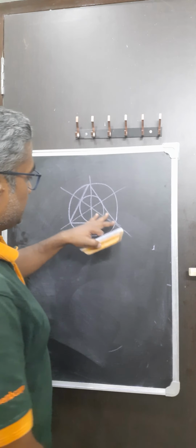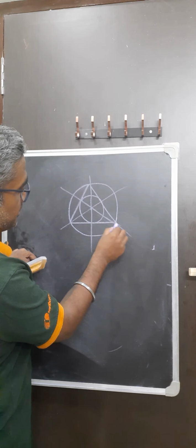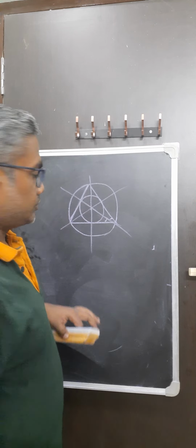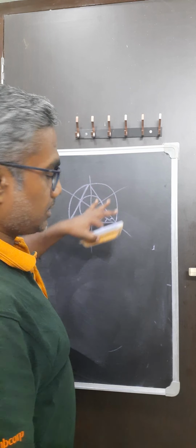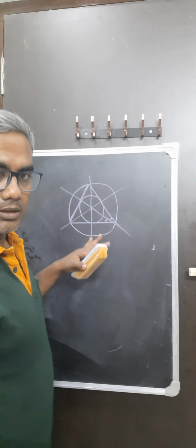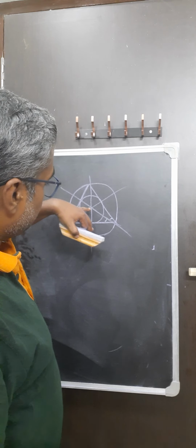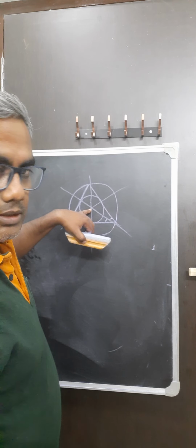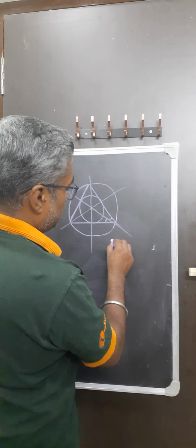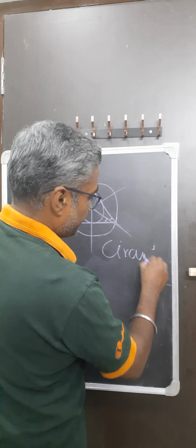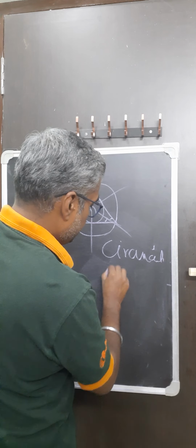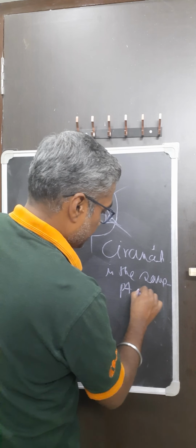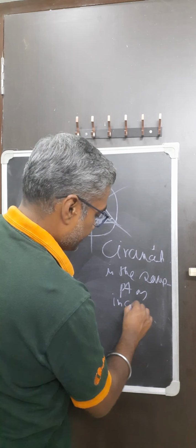There is no deviation in the line, because this line is dividing the angle equally and the sides equally. So for this case, the circumcenter and the incenter are the same point.